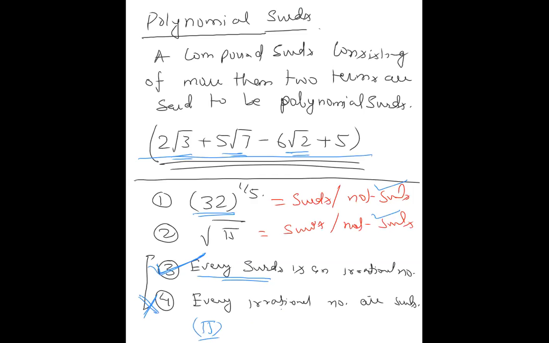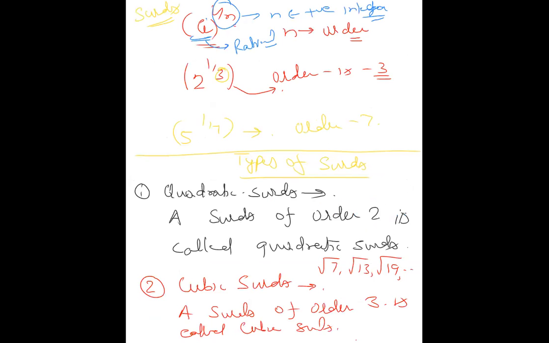Second one, what was the second one? Root pi. See the definition. The definition says that a is a rational number. In a to the power 1 by n, a must be a rational number, and you are saying pi to the power 1 by 2.